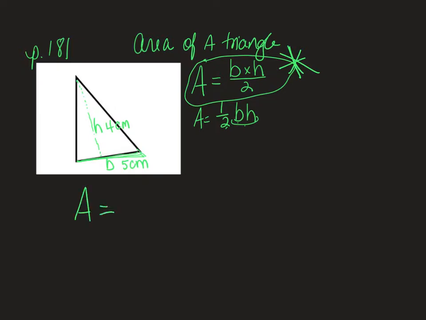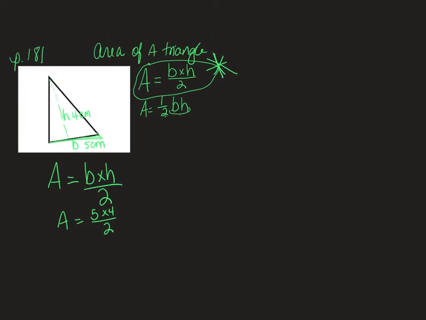Area equals base times height divided by 2. Area equals 5 times 4 divided by 2. Area equals 5 times 4 is 20 divided by 2. Area equals 10 centimeters squared. Hope that makes sense.